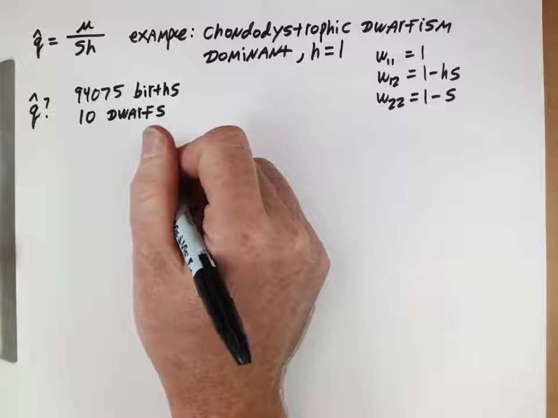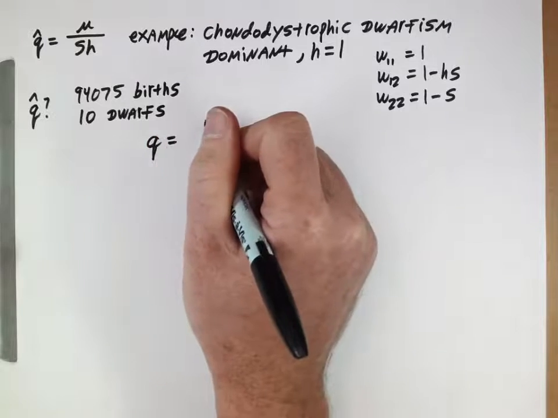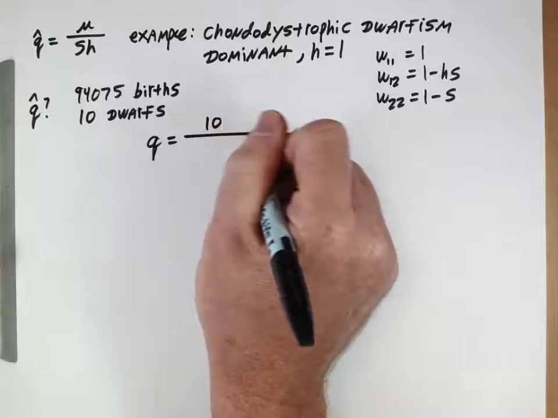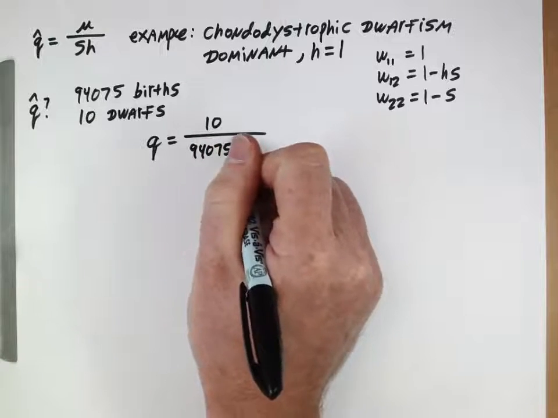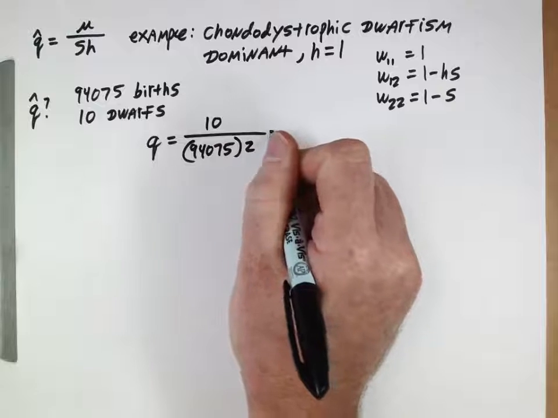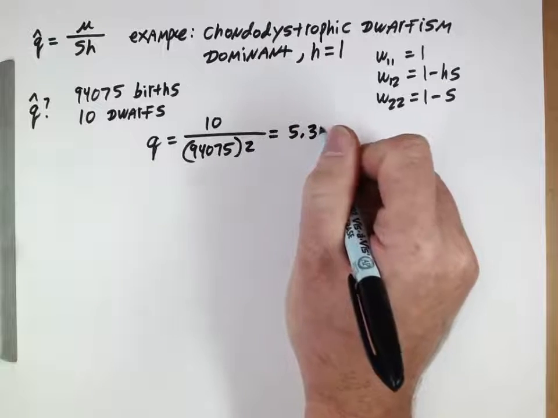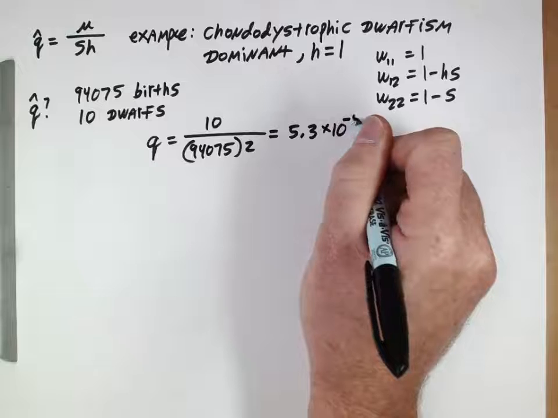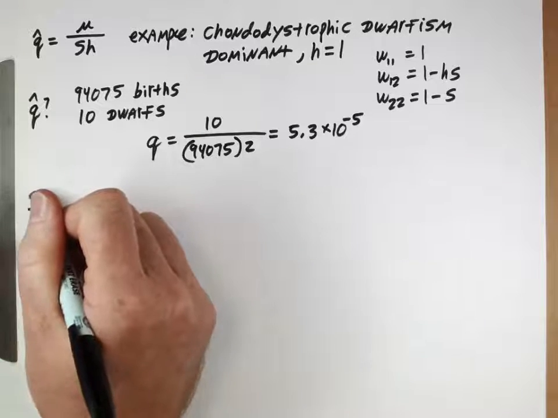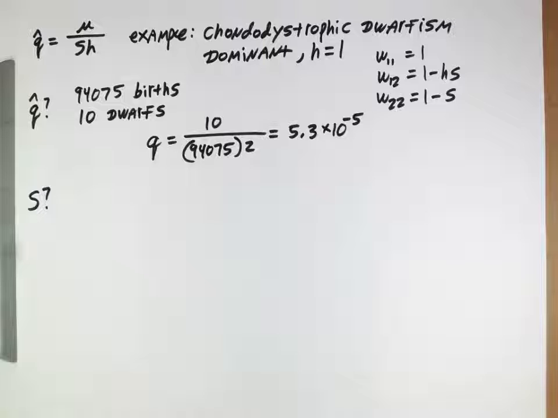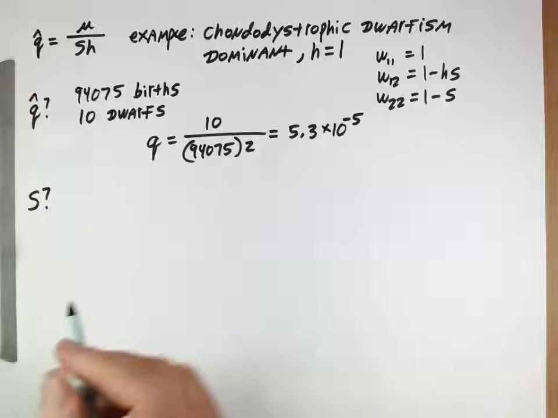So if we think about the allele frequency, it's 10 alleles out of 94,075 individuals times their 2 alleles each. That gives us a value of about 5.3 times 10 to the minus 5 for the allele frequency of the deleterious allele, so that's q. Now to measure s, the fitness consequence of this allele, the best guess we can do is look at modern individuals and how many offspring they have.